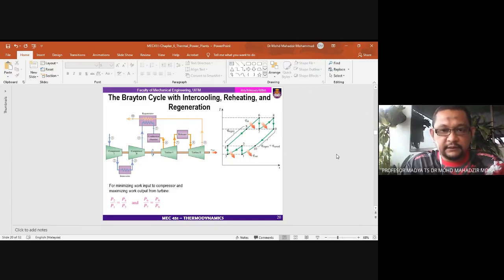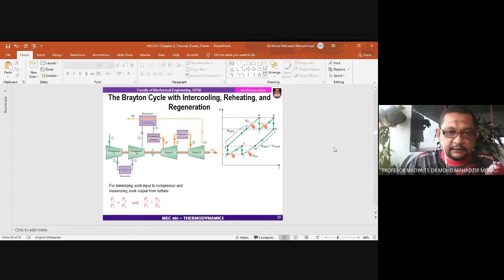As you all see in the slide, this is a schematic diagram of the gas turbine engine, or in the ideal analysis, we analyze it based on the Brayton cycle, another name being the Joule cycle. Here we put in the intercooling and reheating.